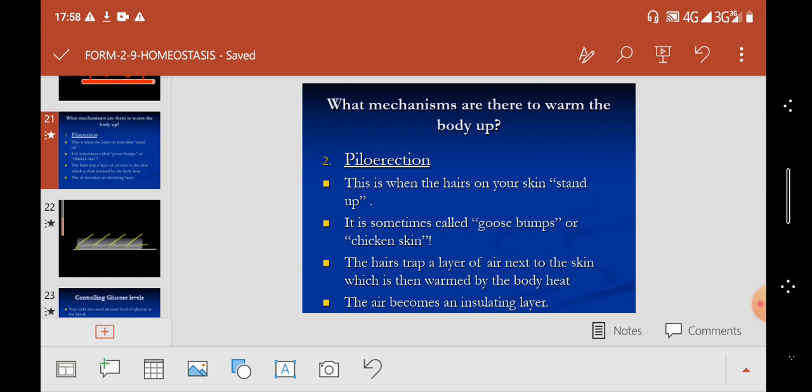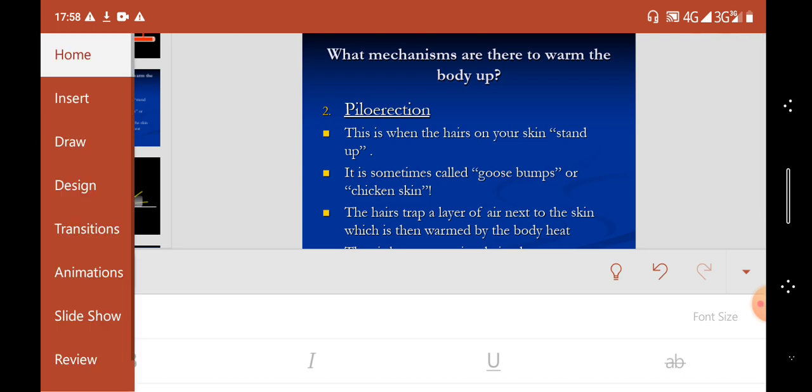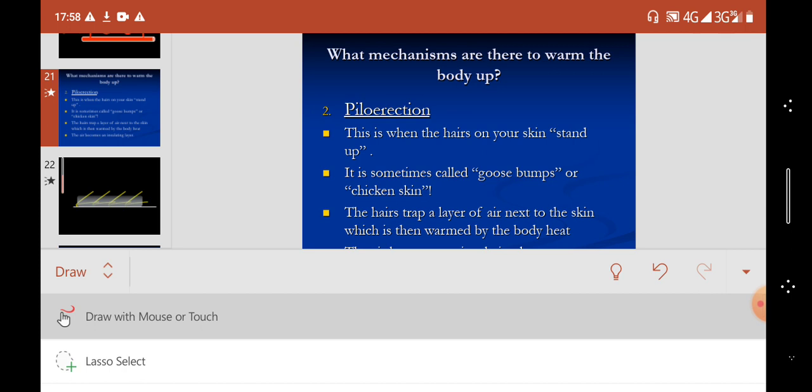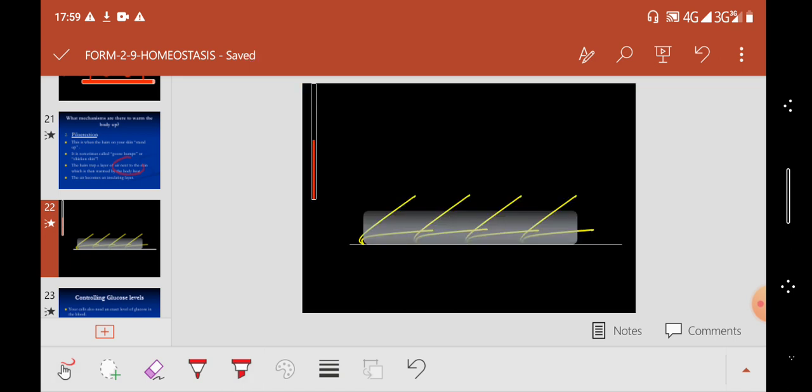So these goosebumps, or rather the chicken skin, are normally to trap a layer of air over your skin, and when this layer is trapped near the skin, heat will not be lost because air is a bad conductor of heat. The air therefore becomes a layer that insulates the skin from heat loss.